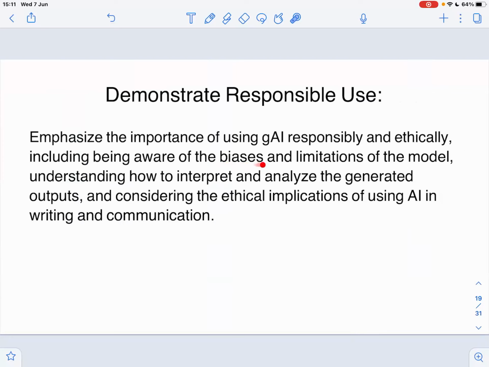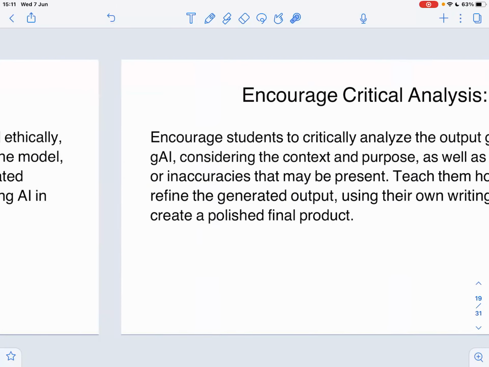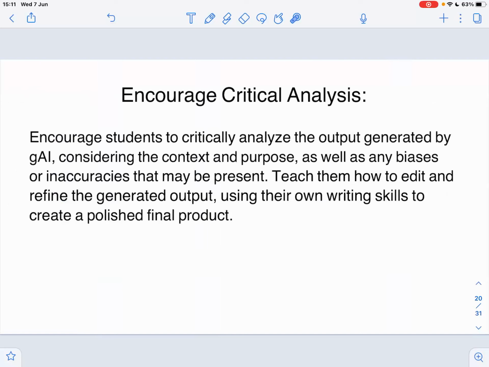We need to make them aware of the bias and the limitations, and how this can actually transform the way we live, the way everything works. We need to encourage our students to critically analyze what the outcomes actually are.